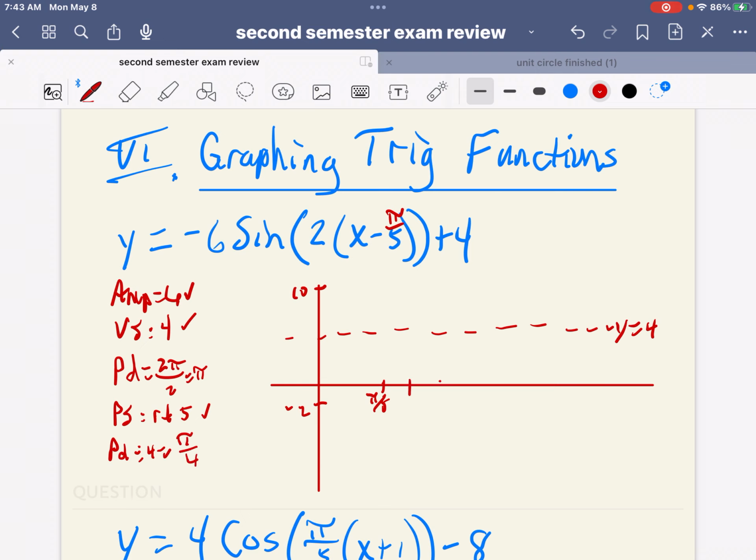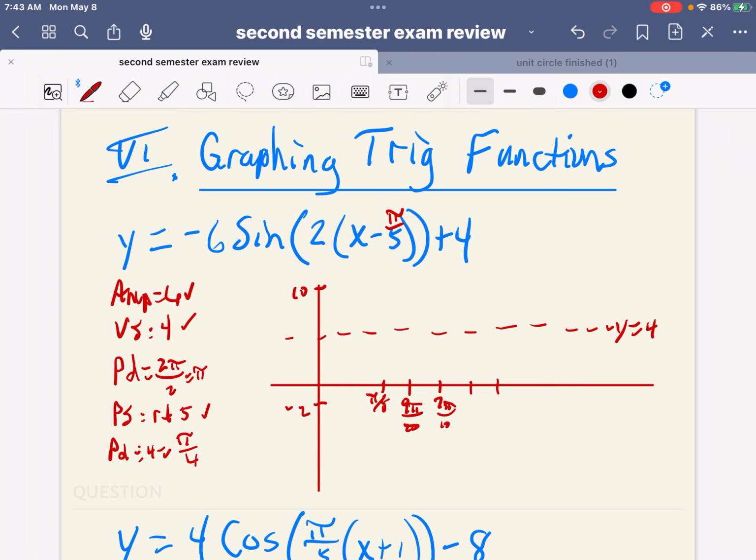So we want to label 4 more tick marks, and we do that by adding pi over 4 to the previous tick mark. So pi over 5 plus pi over 4 is 9 pi over 20, the second tick mark. Then if I add pi over 4, that's adding 5 pi over 20, so that would be 14 pi over 20 for the third tick mark, or 7 pi over 10.